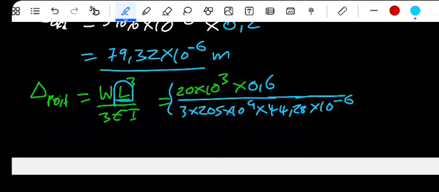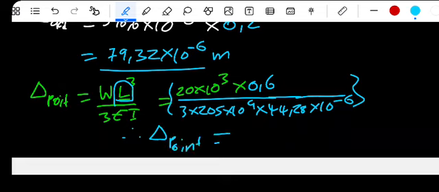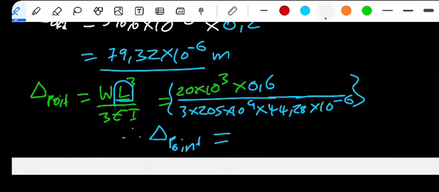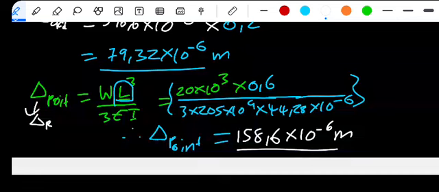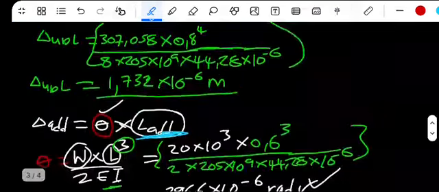Punching this in, we obtain the deflection due to this exact point load, which is 158.6 times 10 to the power of minus 6 meter. I wrote R there, but you just call it the point load when using this equation.